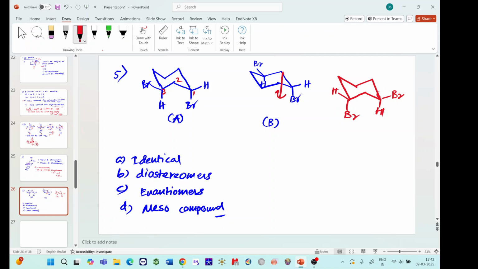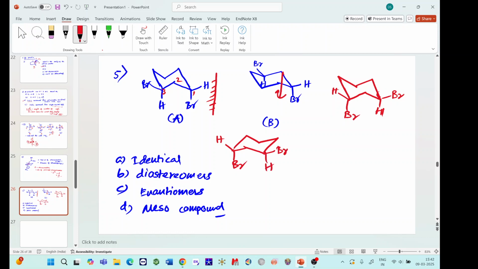And now you need to find the relationship. So let me just draw a mirror image of this one. So I am doing it in the reverse way. See, if I draw like this, and bromine and then hydrogen.